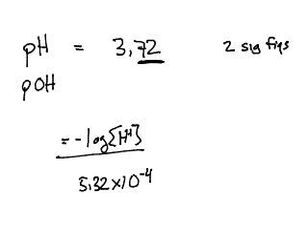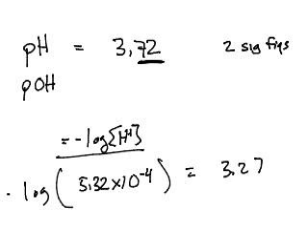So if I take the negative log of 5.32, remember use the double E button, and negative 4, I get a pH of 3.27408. How many sig figs can I keep? 3 here. So the real answer is 3.274.